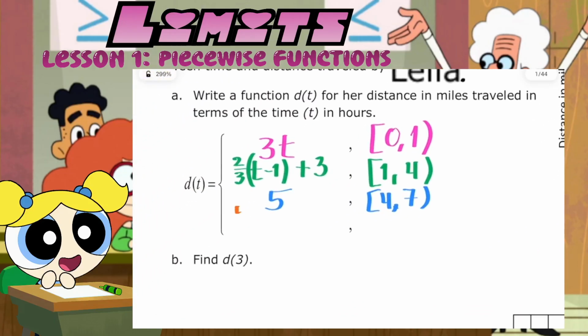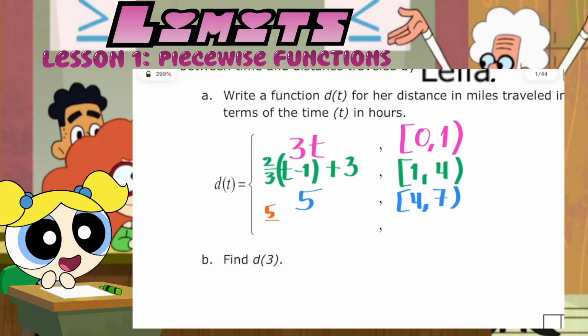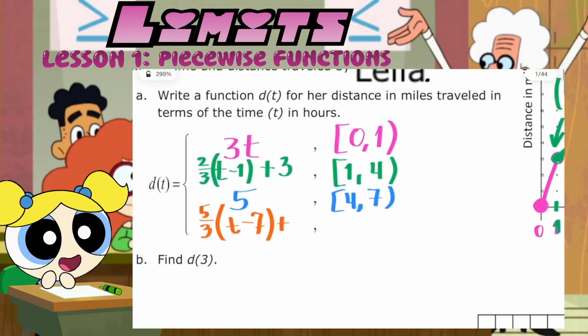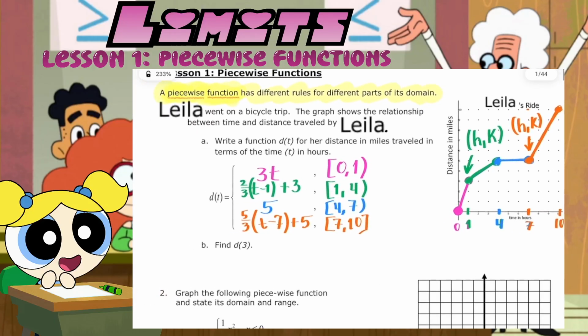So 5 thirds T minus 7 plus, I already forgot, up 5. And I'm going from 7 until 10, and they're both going to have a squared off bracket. And that right there is your piecewise function.